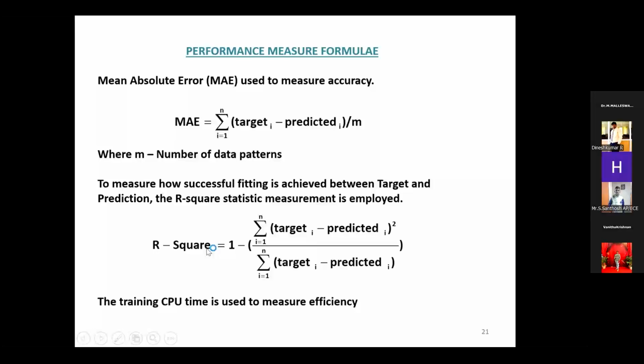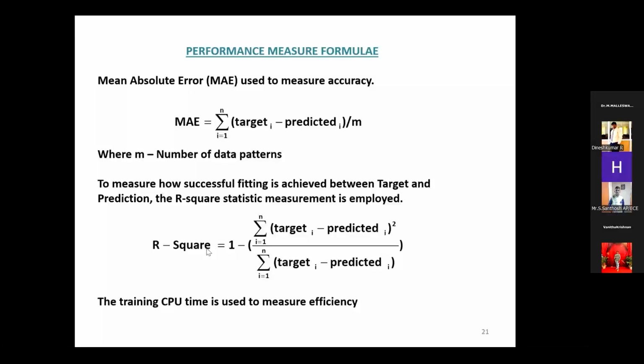See here, whenever your R square value is coming closer to 1, it shows that the fitting between your input and target has become better. So R square is a metric parameter, and when its value is almost 1, that means better fitting has occurred between your target value and input value.